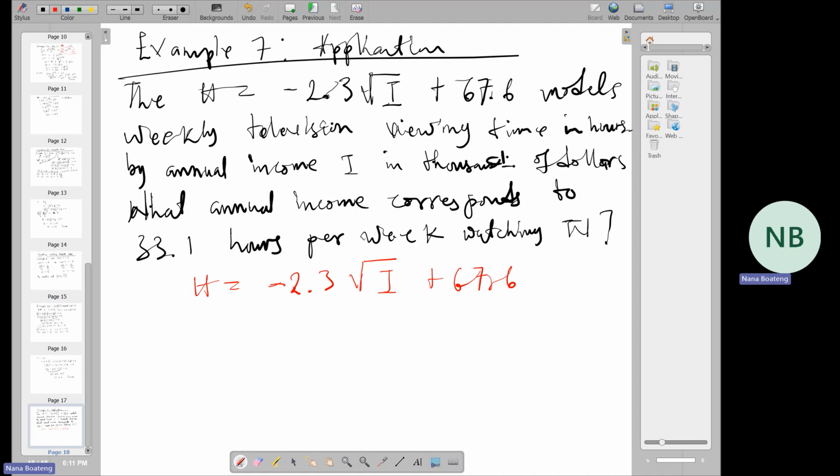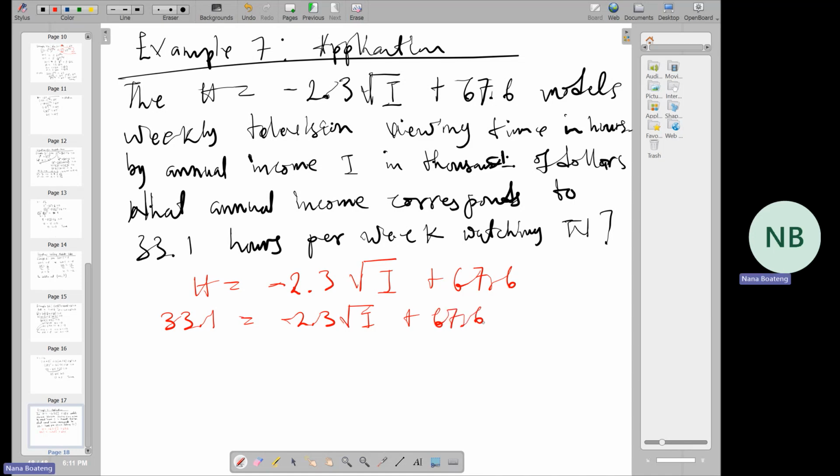So h is 33.1, so we have 33.1 is equal to negative 2.3 square root of I plus 67.6.